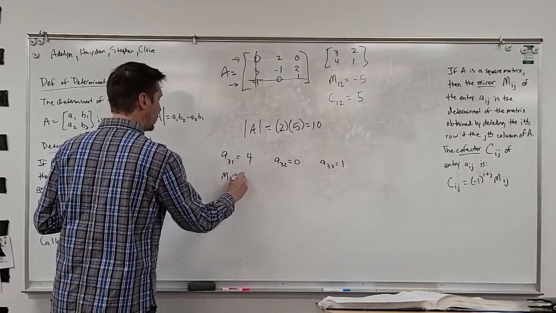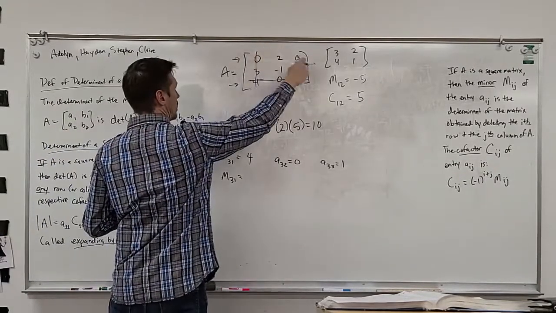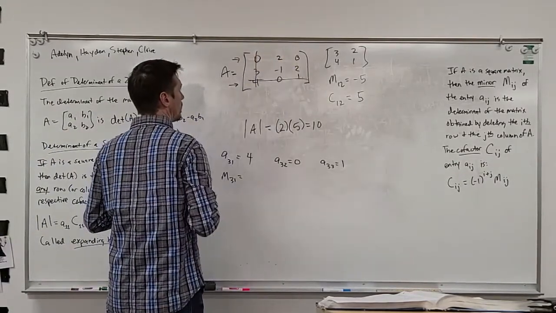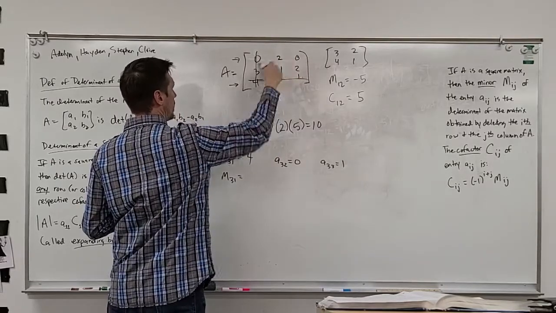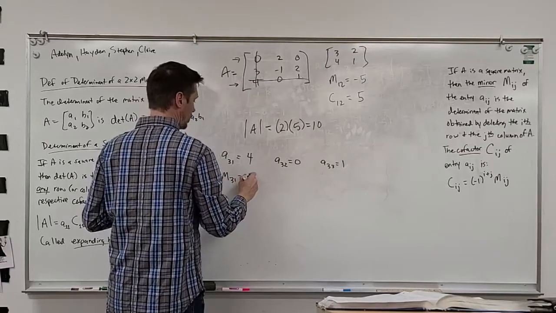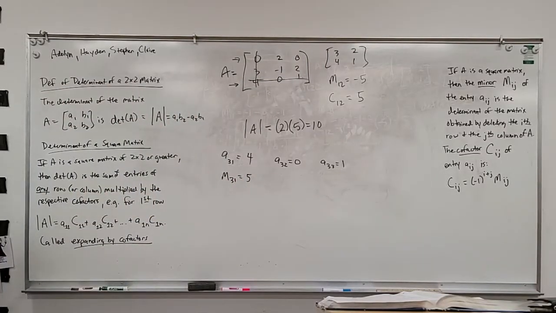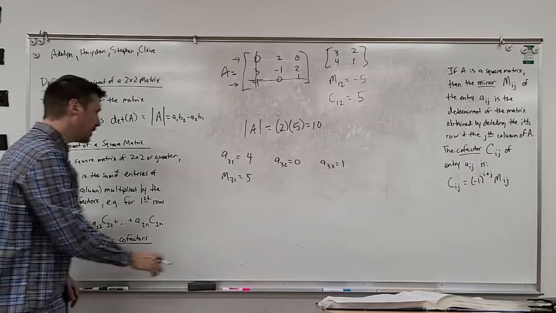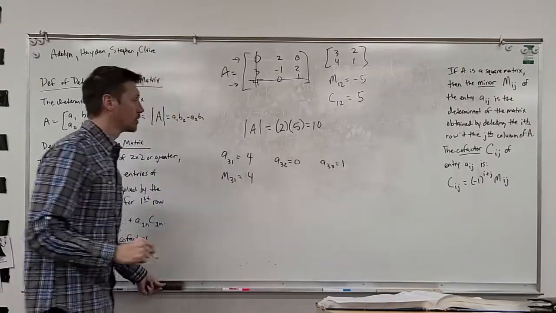M31 is equal to the determinant that I get from this, so 2 times 2 is 4, minus a -1 is 4 plus 1, so that's going to be 5. No? Because -1 times 0 is 0, right? Oh, you're right. Why do I keep doing that? It's just 4. All right, thank you.